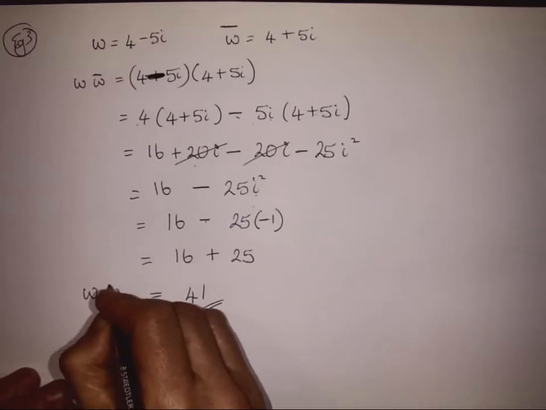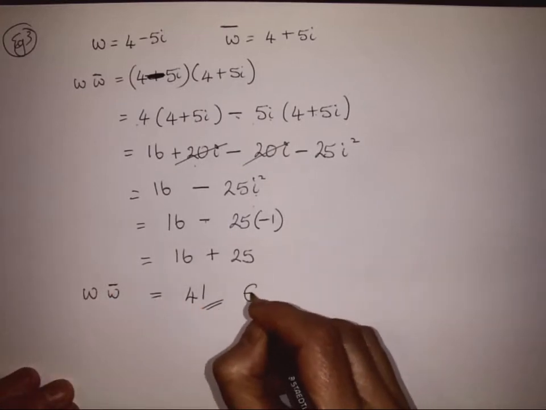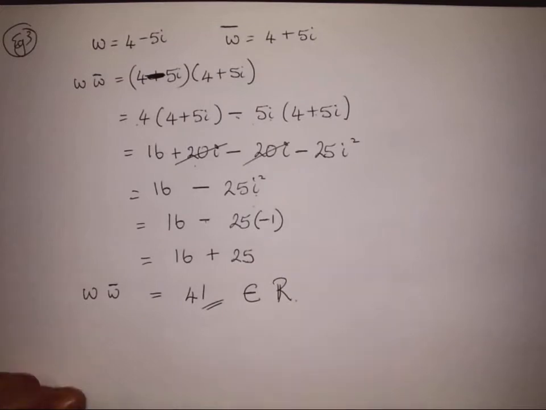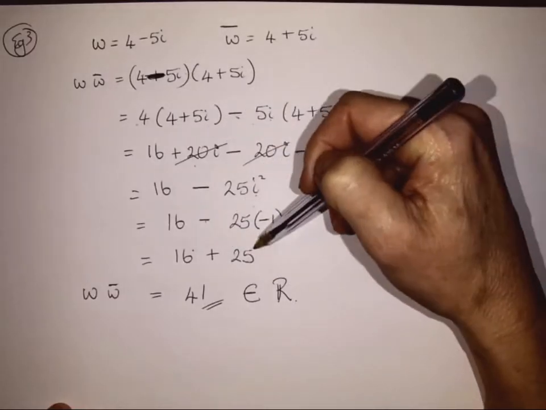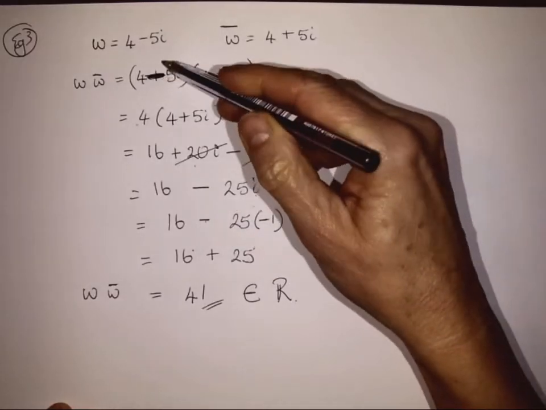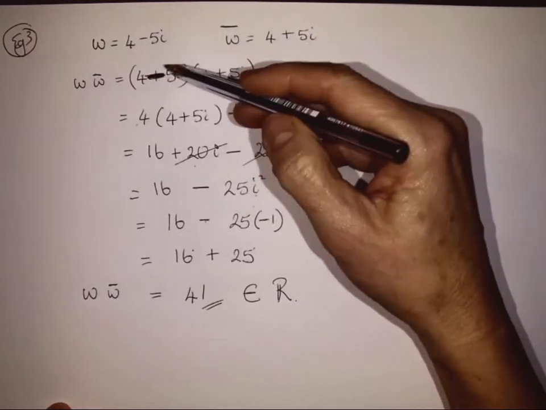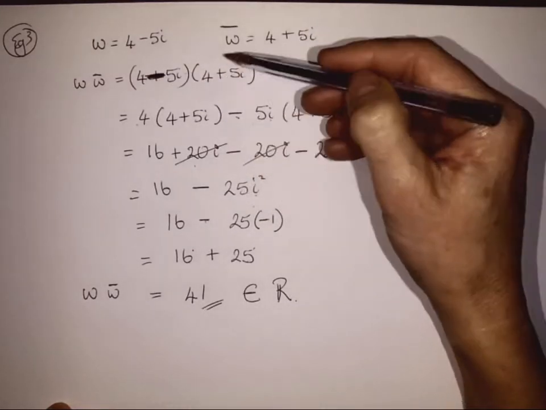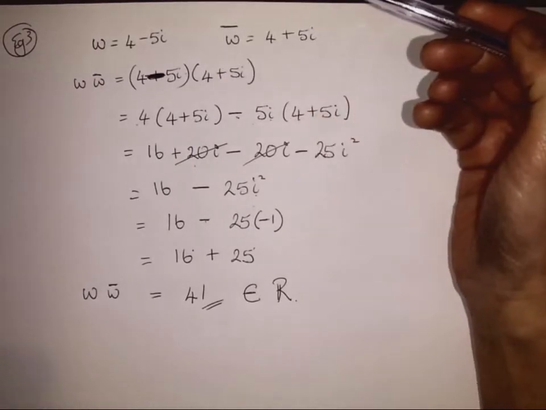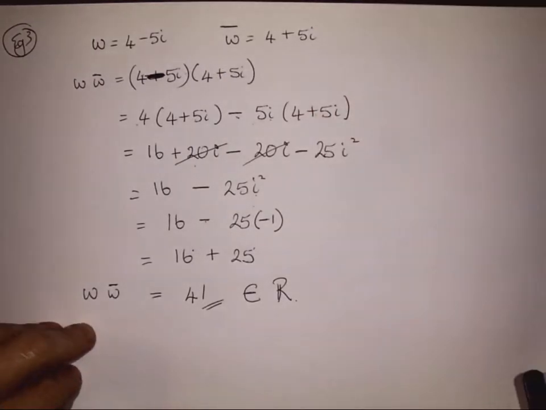So W times W bar is 41, which again is an element of the real numbers. It's real. 5 squared is 25. It doesn't matter if the sign is plus or minus, because one is going to be plus and one is going to be minus. Let's try one then where the real part is negative and see what answer we get.